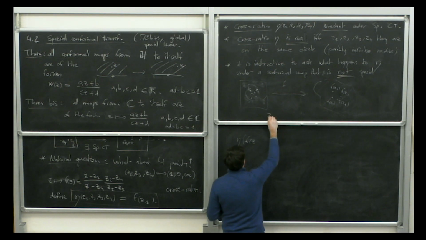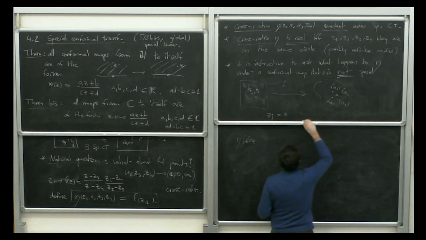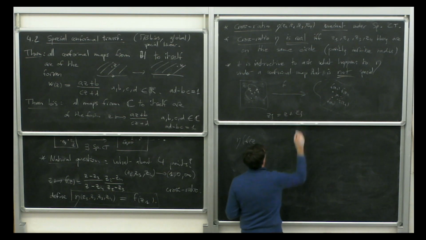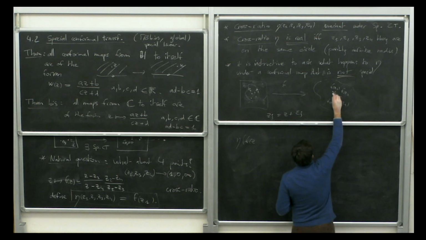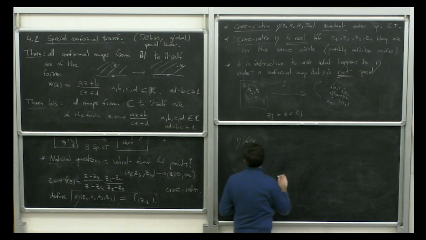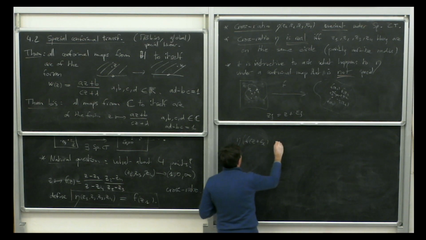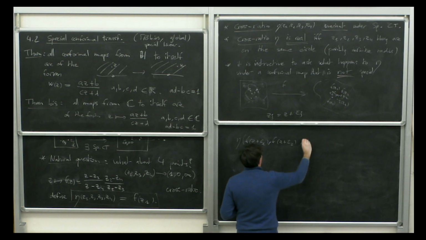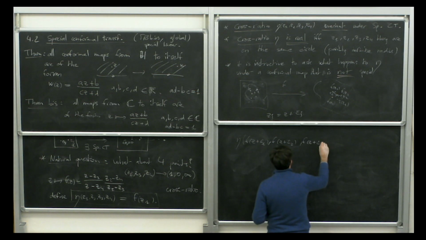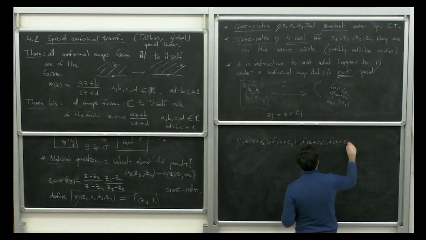Let's say that zj now is z, some central point here, plus epsilon j, and epsilon j is some small vector. This would be epsilon 1. This would be epsilon 2, and so on. Right. So I look at eta of f of z plus epsilon 1, f of z plus epsilon 2, f of z plus epsilon 3, and f of z plus epsilon 4.